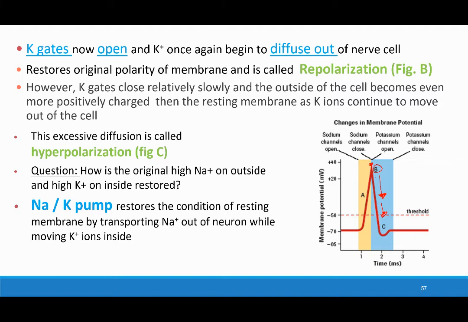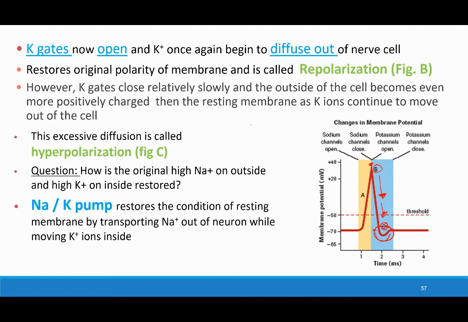So they're taking with them their positive charge to the outside, and that leads to part C in our graph here, where you can see for a brief time that the inside of the axon actually drops below resting membrane potential, drops below negative 70 millivolts because the potassium gates are closing slowly and excess potassium ions are diffusing out. And we call this process hyperpolarization.